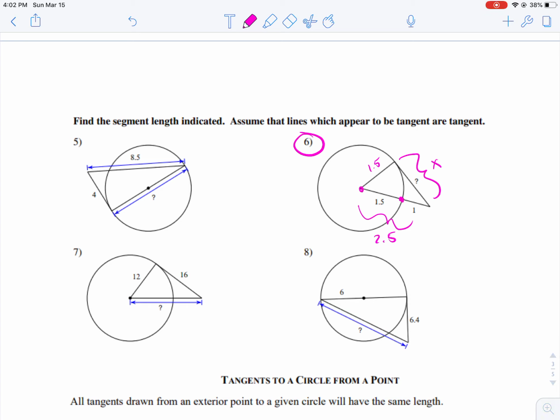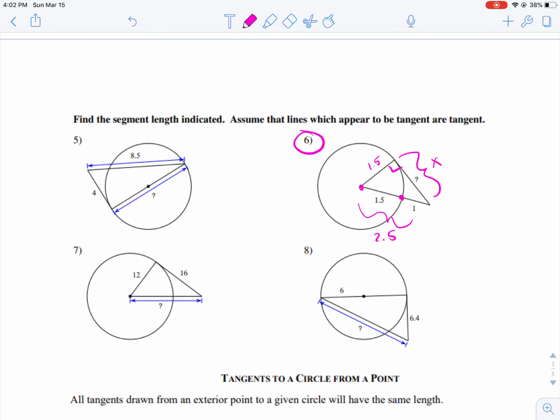So in order to find this length, we'll call it x, we have to use, again, the Pythagorean theorem. This one is located directly across from our right angle. So we're going to put 1.5 squared plus x squared is equal to 2.5 squared. 1.5 squared is 2.25, plus x squared is equal to 2.5 squared, which is 6.25.